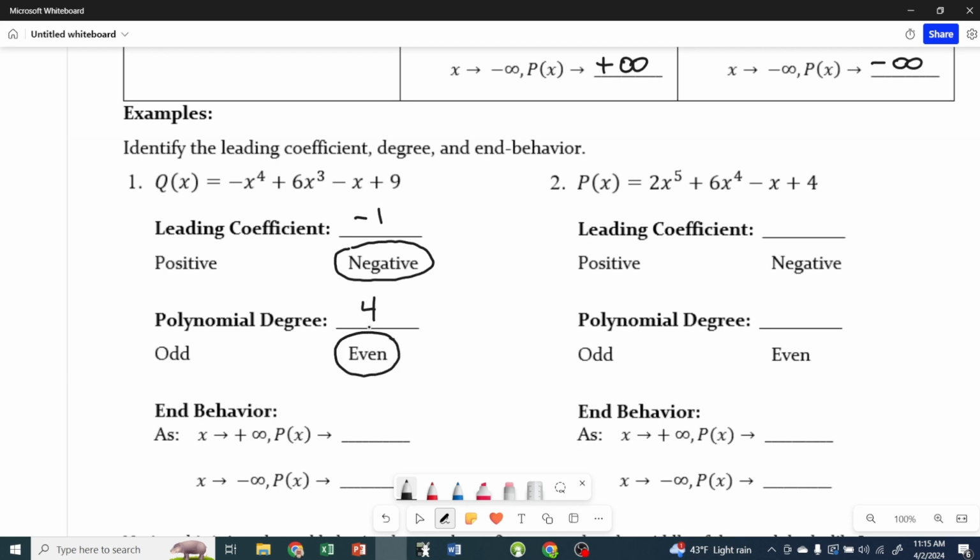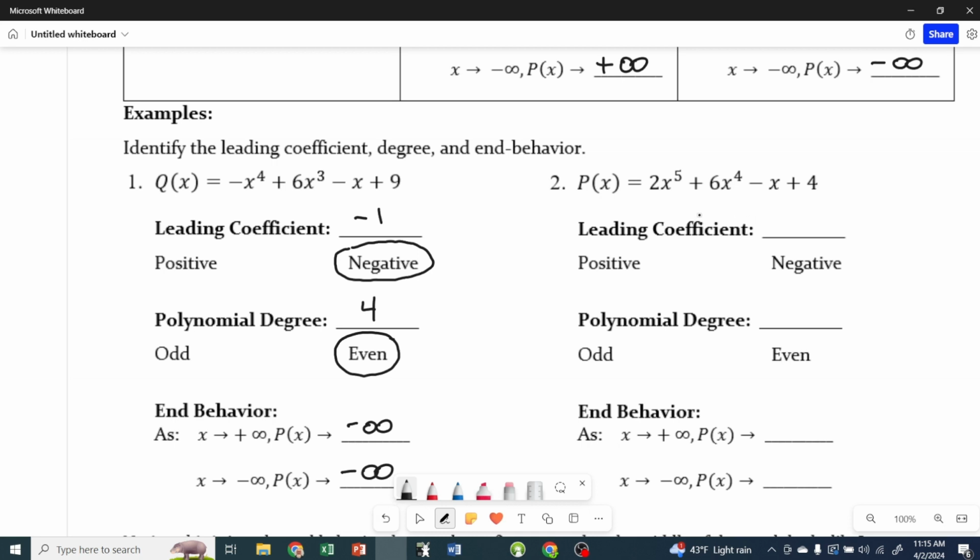So both tails of this polynomial are going to be going in the same direction. Since the lead coefficient is negative, we're going down, and we're both going in the same direction. So in this case, both of these are going to be negative infinity.